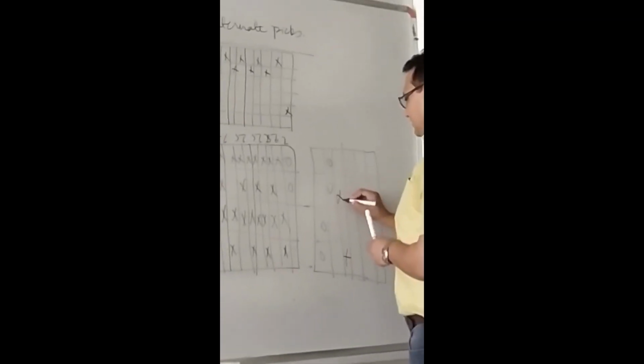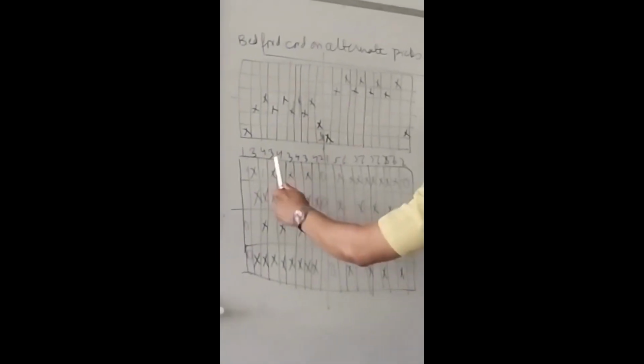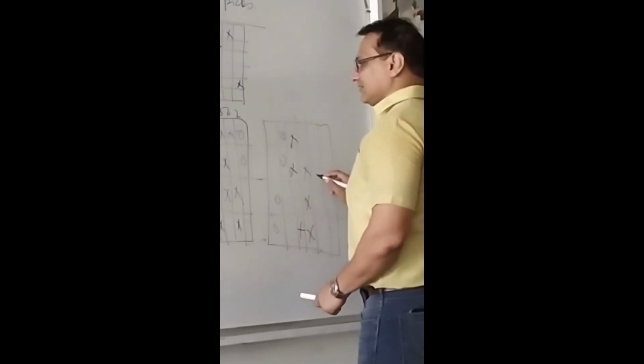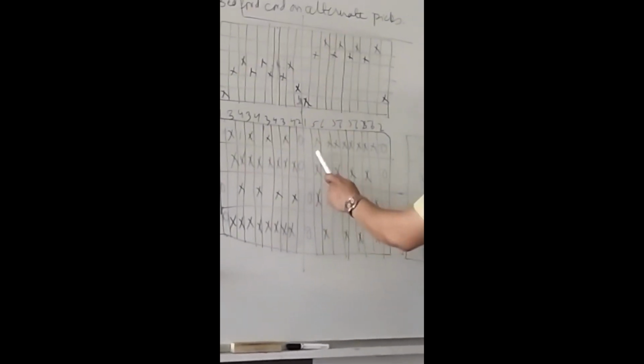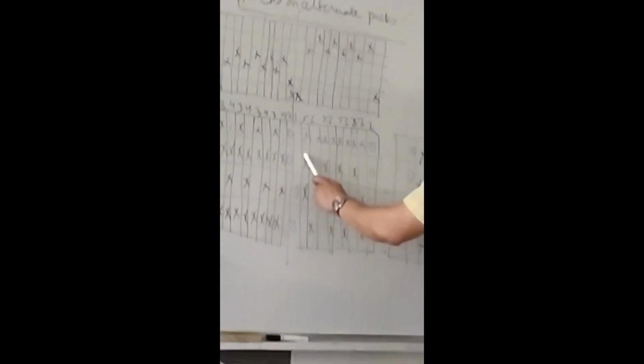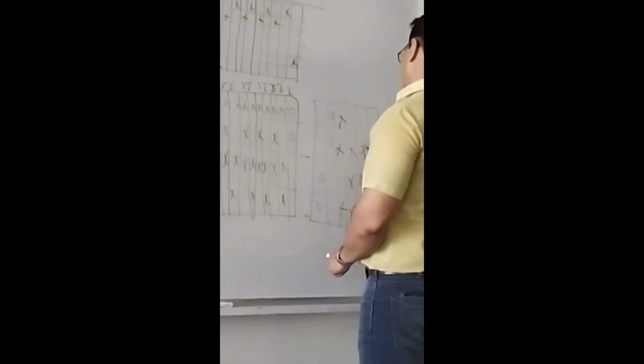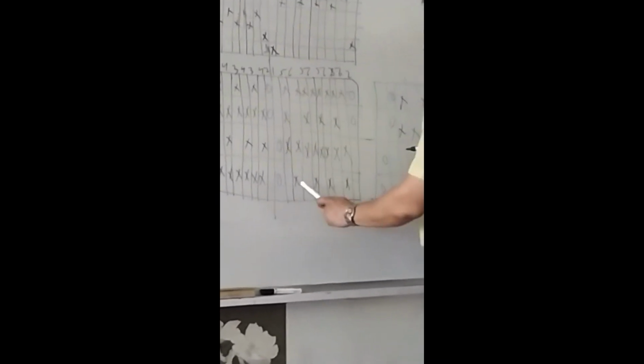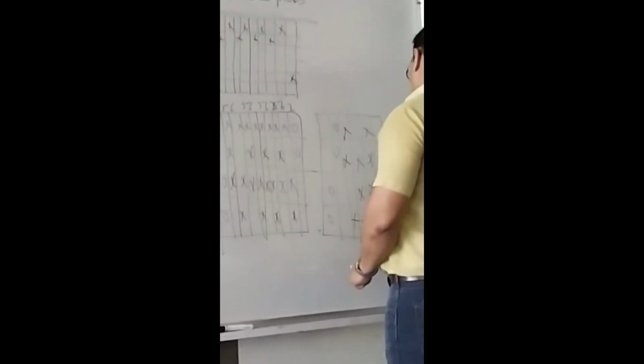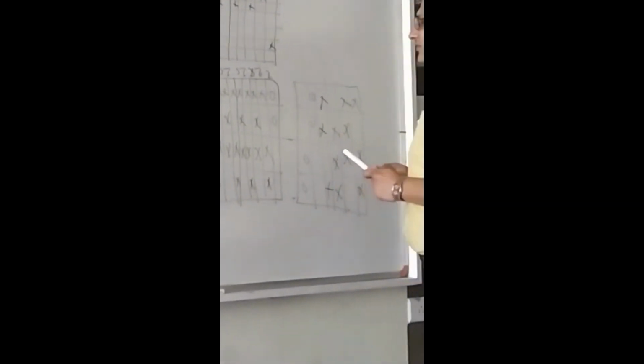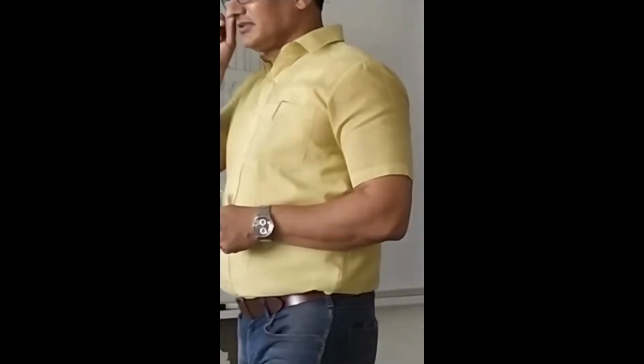Fourth is first, second, third up. Fifth is second, third, fourth up. And sixth is first, second and fourth up. So this is the design, draft and pack plan.